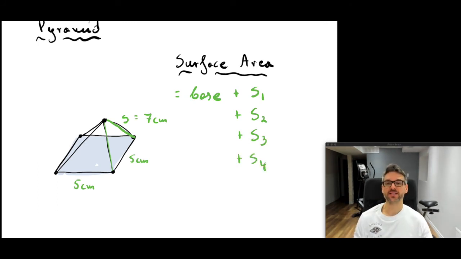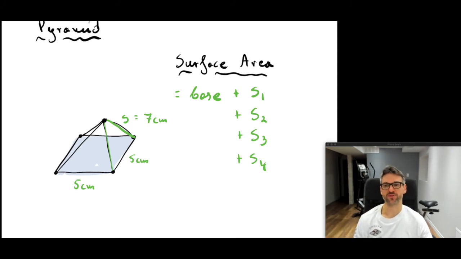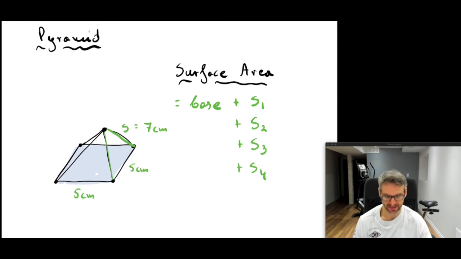Since the slant is the same for everything, those sides are going to have exactly the same surface area for a pyramid. I hope that makes sense. You can visualize those if the sides are the same.